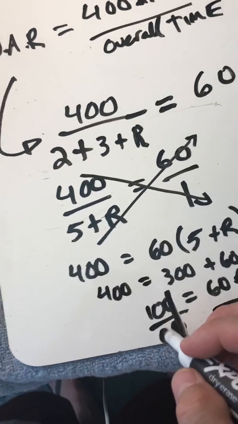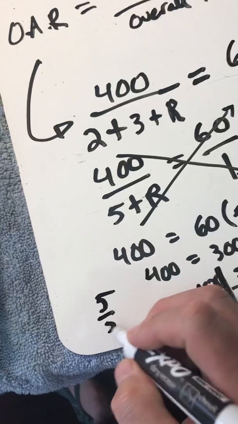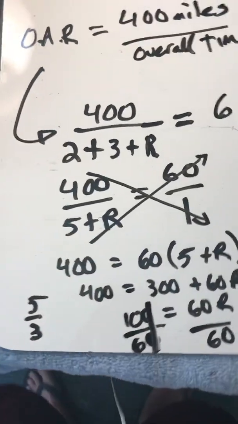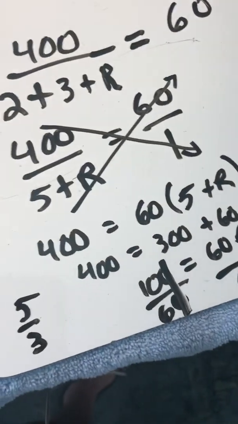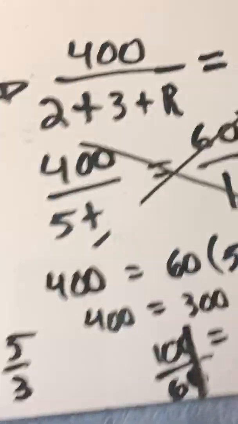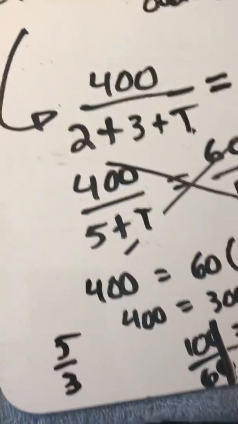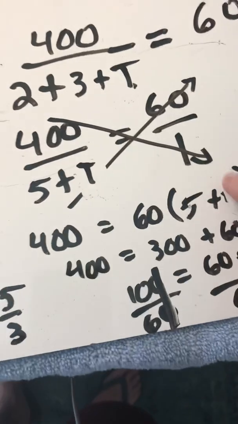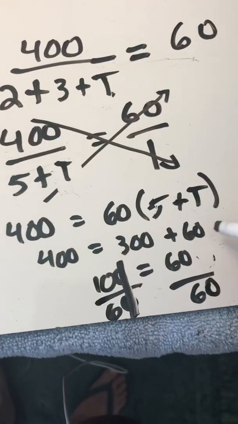Whoop! 10 over 6 is 5 over 3. Okay? 5 over 3, right? Now, that's how long it's going to take him. Okay? Sorry, not r. We're not looking for rate. We're looking for that missing time, so I'll use T.